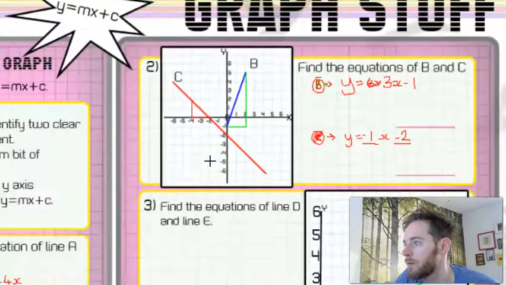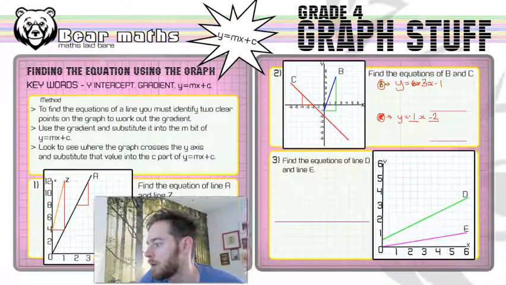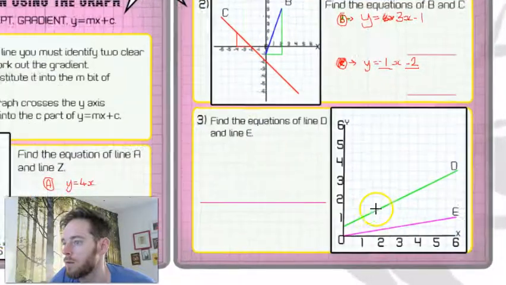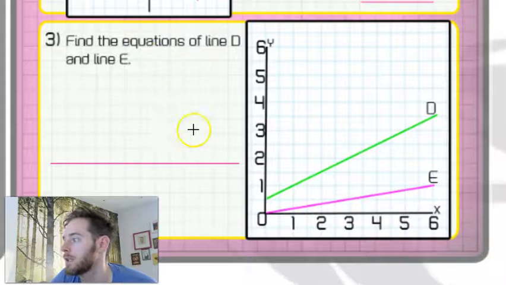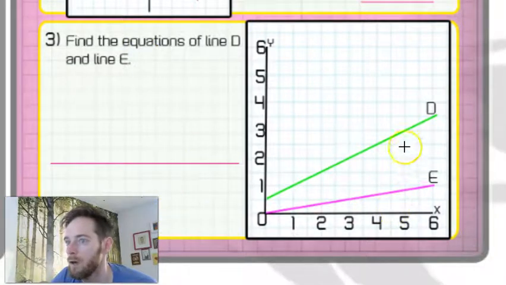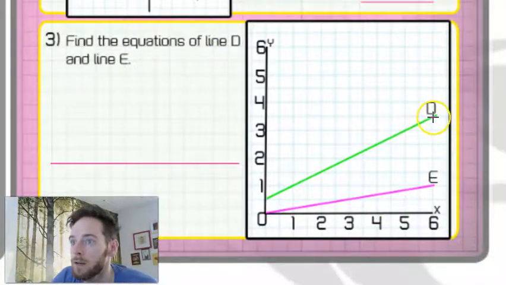So I'll zoom out of that for you, and then we'll have a little move over of me. There's me going over, and then we'll have a zoom in to the last one. So find the equations of line D and line E. Now, line D is able to be found by, again, finding the gradient of this line.